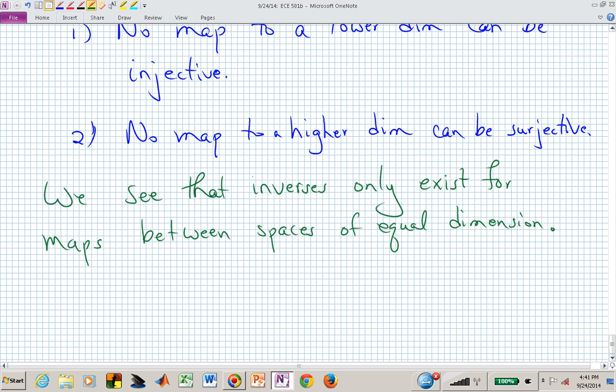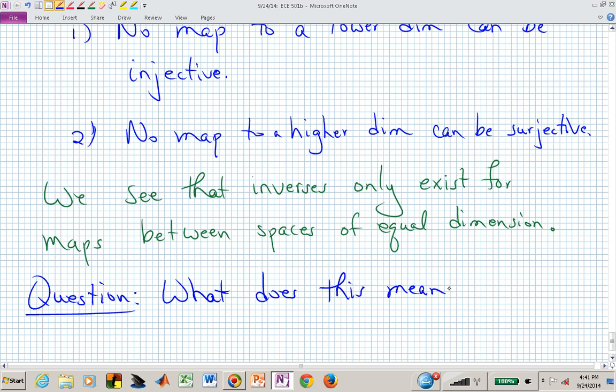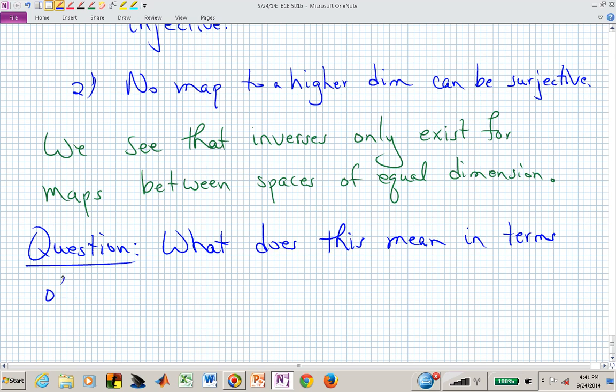That raises a question. What does this result mean, that we have to basically be playing on two equal dimension spaces? What does this mean in terms of a matrix representation of that linear map?